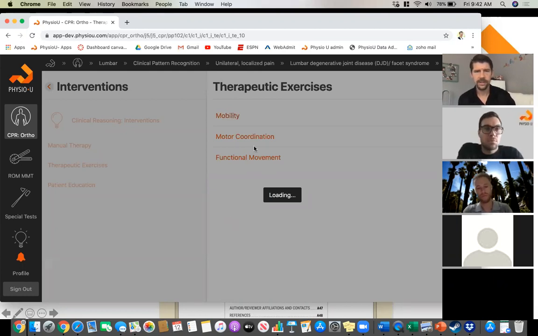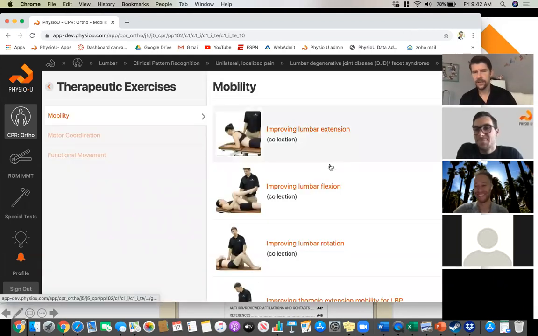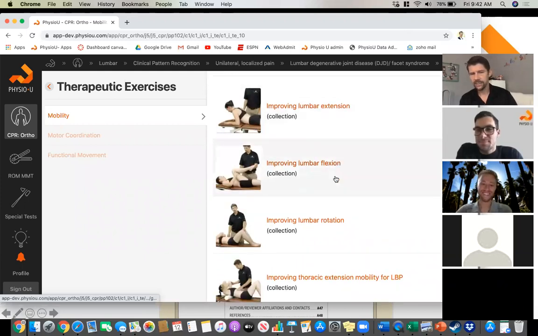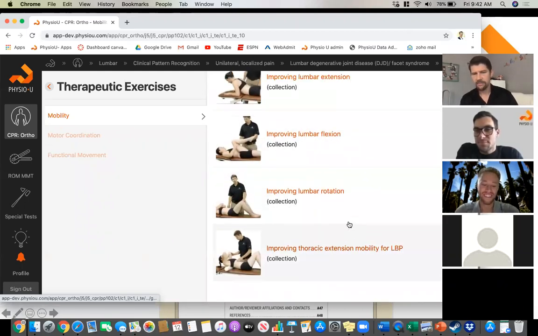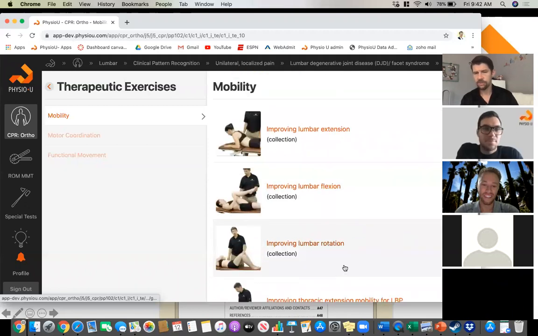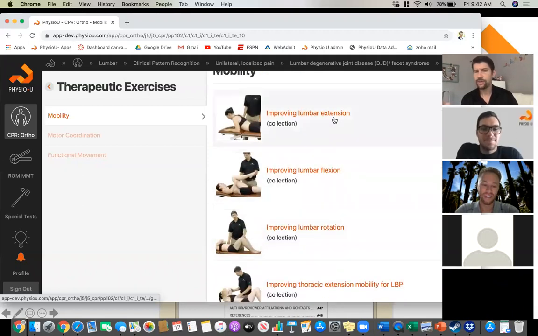So all of our mobility should be stretches for the lumbar spine, self-gapping for the lumbar spine. And then extension work, flexion work, rotation work, and then maybe even the thoracic spine.